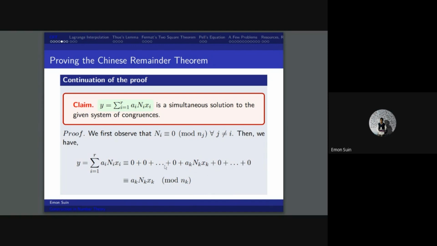Otherwise, all the terms are divisible by nk. So this term will remain, and from i equal to k plus 1 to i equal to r, the terms will again be congruent to 0. So we are only left with the term ak capital Nk xk mod nk. Is it clear till now?